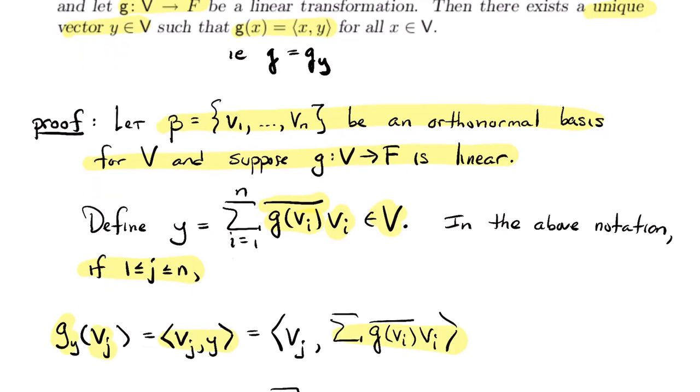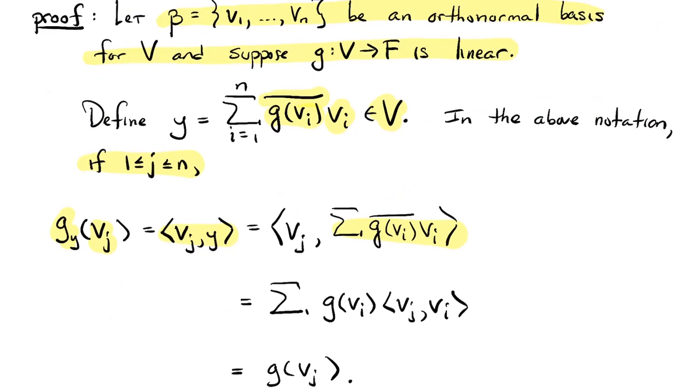Drop the definition of y in there and then use the linearity of the inner product. I should be careful here. I'm using the additiveness of the inner product in the second coordinate. The scalar g of vi bar comes out of that second coordinate conjugated. And of course, the conjugate of a conjugate is just the complex number. So that's just using the additivity and that half linearity, the conjugate linearity in the second coordinate.